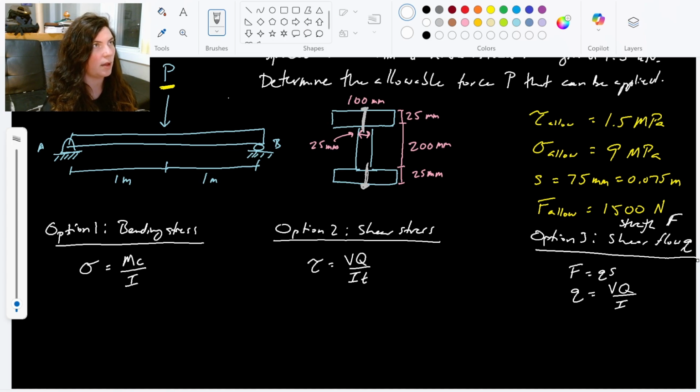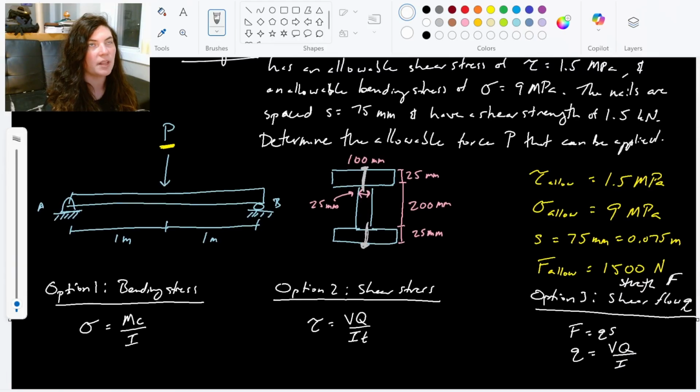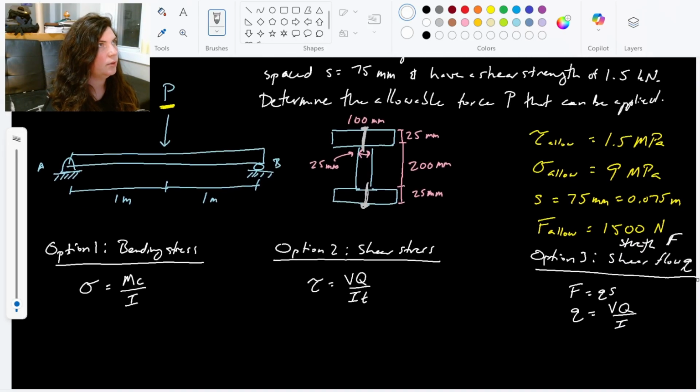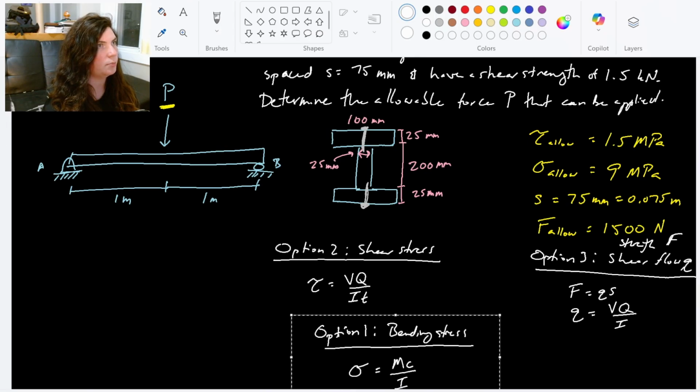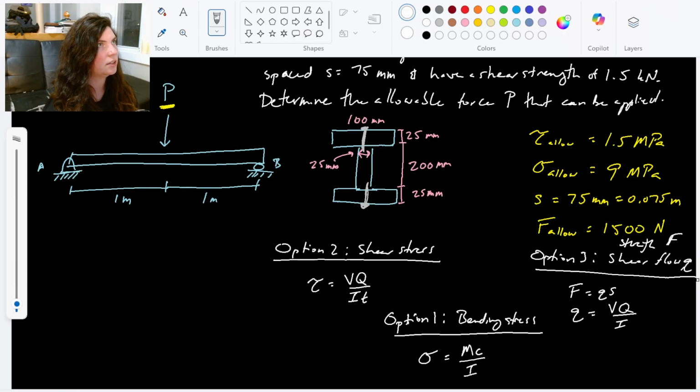I'm going to start by making the shear and moment diagram to know how my P shakes out in relation to everything. I'm going to move option 1 over here and come back to it later.